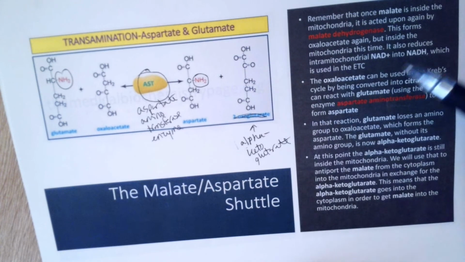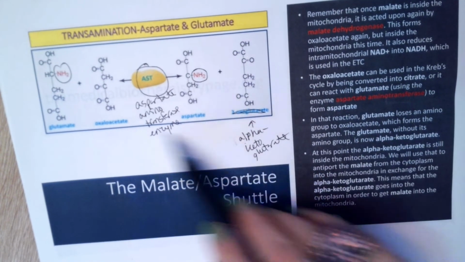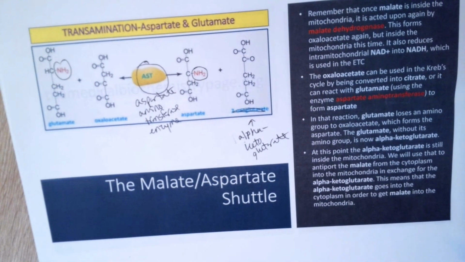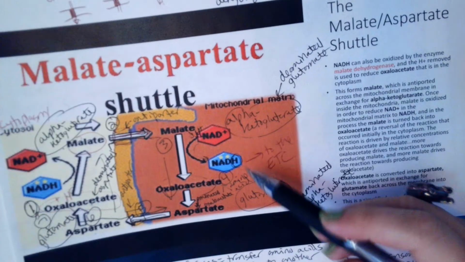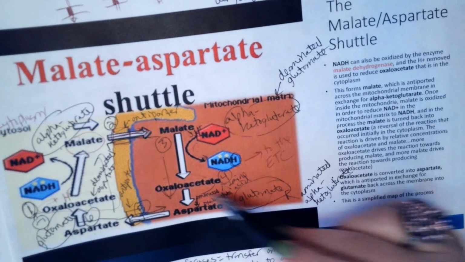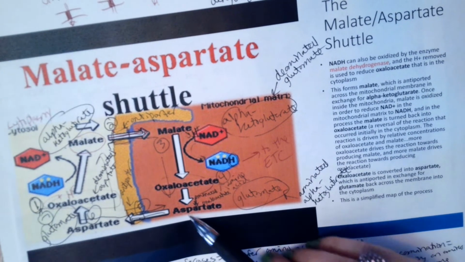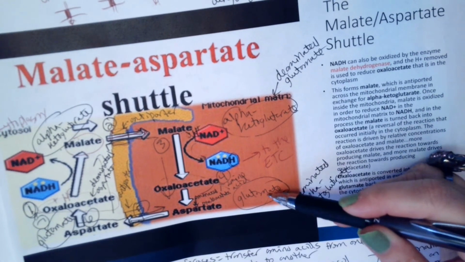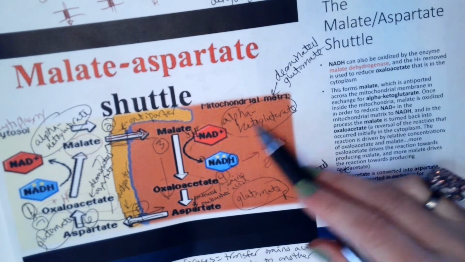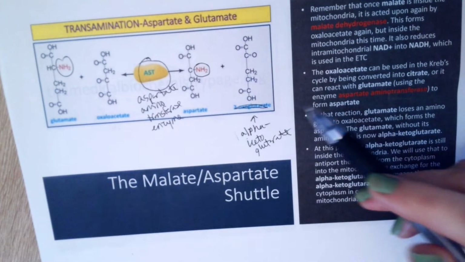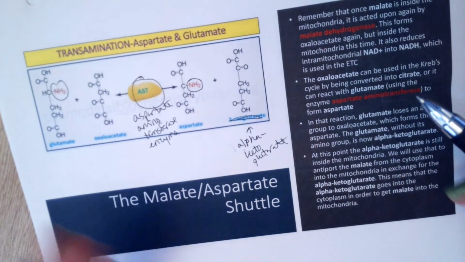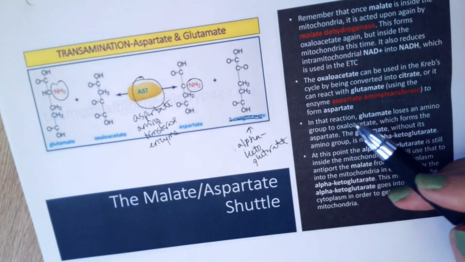So there you can see that part of the reaction. This is just an illustration of this part here, taking the amino acid, adding it to oxaloacetate to form aspartate. That leaves glutamate behind without its amino acid, which is alpha-ketoglutarate. Okay, so that is the transamination part of this.